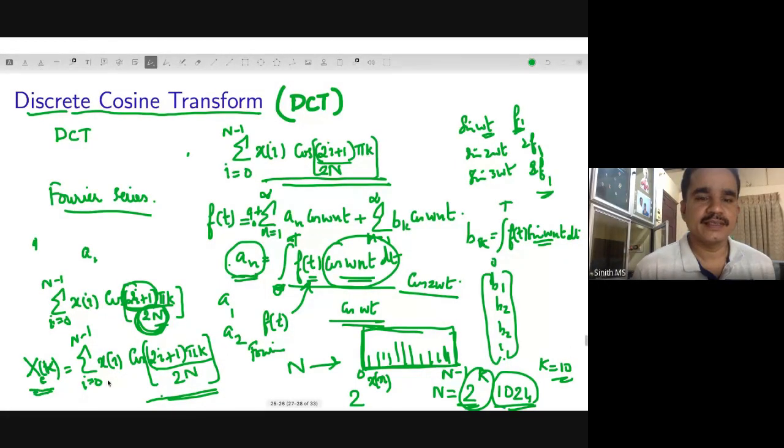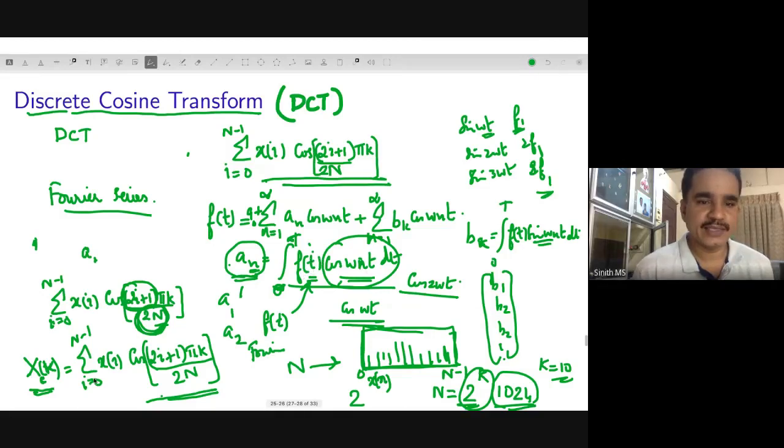Similar to that, you have x i here, but the difference you can notice is that in this integral 0 to T f(t) cos(n omega t) dt, you are basically finding the correlation of f(t) with cos(n omega t), where n is constant. If it is fixed to 1, this becomes cos omega t. So you're finding the correlation of the signal f(t) with a particular frequency cos omega t.